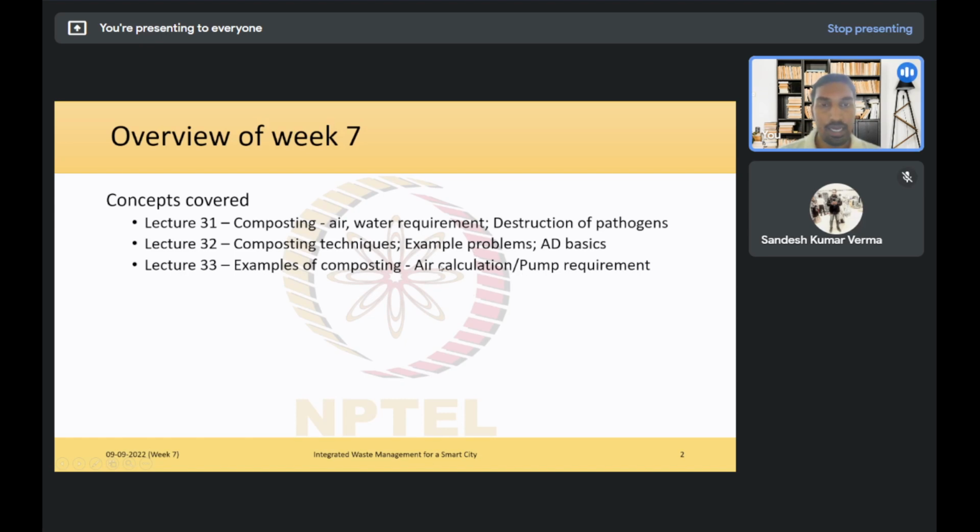Because we need oxygen, we don't directly supply oxygen, we supply air to meet the oxygen requirements, which indirectly translates into the requirements of the pump. Based on how much air has to be supplied, we look at what the requirement of the pump should be.